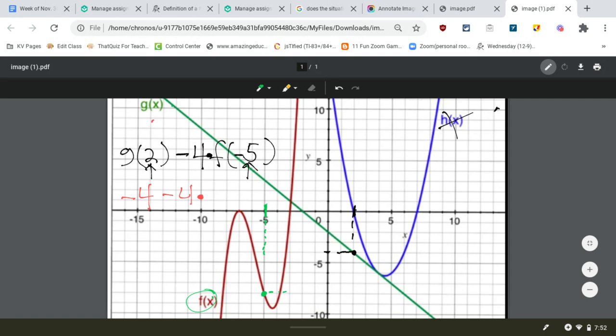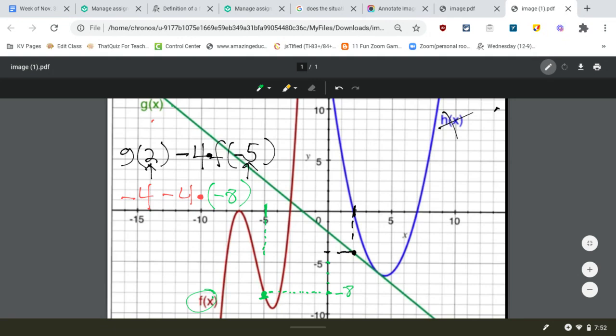So we're going to kind of track it over to the y-axis here, and it's whatever that value is. Count my spaces here. That looks like negative 8. So we were at 5, 6, 7, 8. So this has a y value of negative 8. All right. So f of negative 5, if you follow that down, it gives you negative 8 there. So negative 4, negative 8.